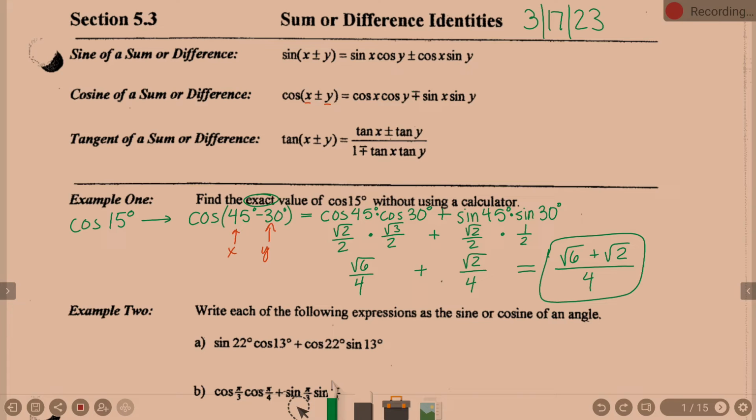Now, if I do cosine of 15, notice it's the same thing. The catch is we can't just put it in on the calculator because we need a way to get an exact value, and an exact value is the one with the fractions and the radicals. So there's your proof that it works. Is that something you can do to check yourself if you ever feel the need?